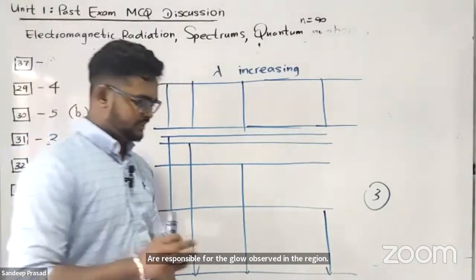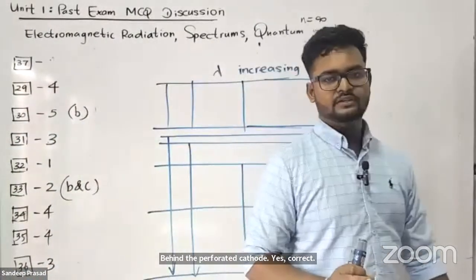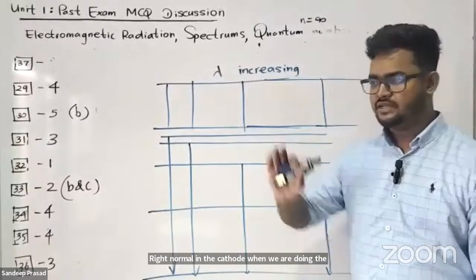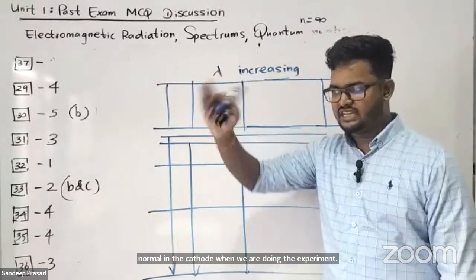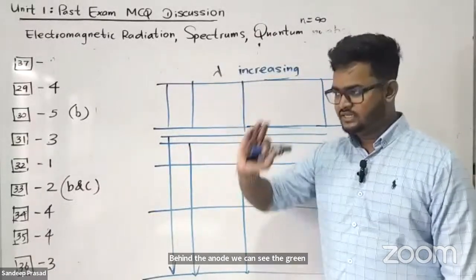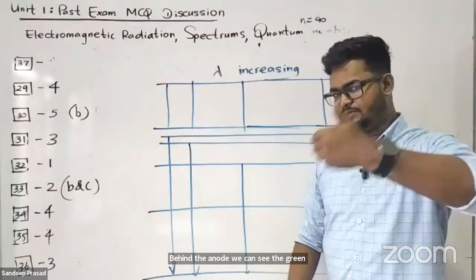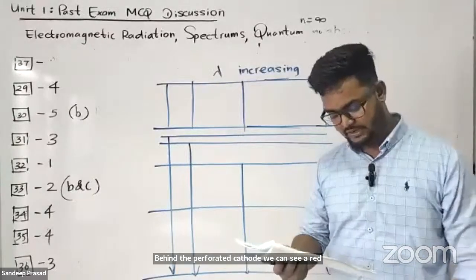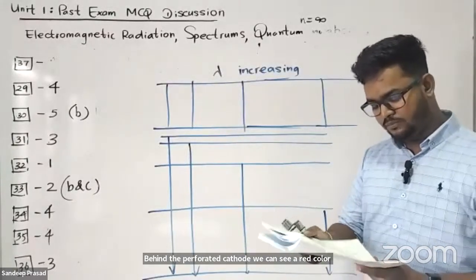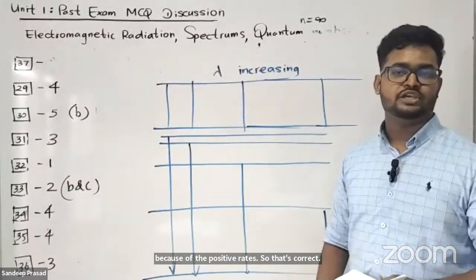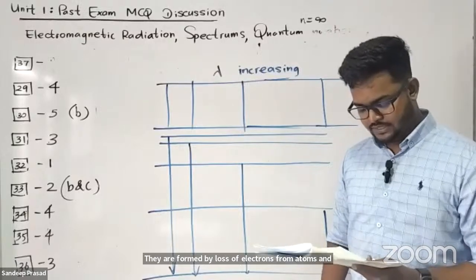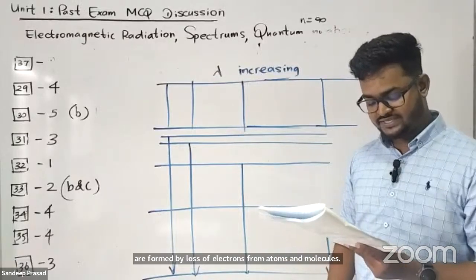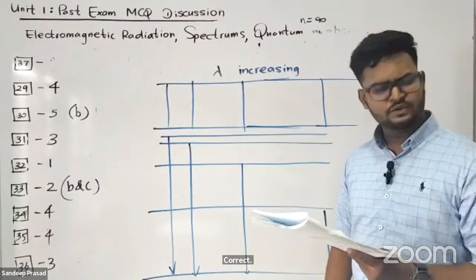Normally in the cathode ray tube, when we are doing the experiment, for example with hydrogen gas, behind the anode we can see the green color glow because of the cathode rays. Behind the perforated cathode, we can see a red color glow because of the positive rays. So that's correct. They are formed by loss of electrons from atoms and molecules. Correct.